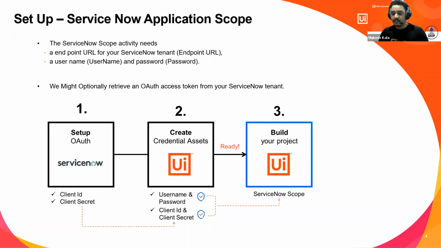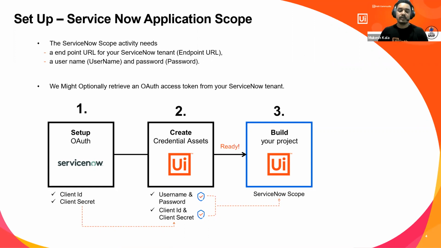The second thing is, once I have got the ServiceNow OAuth, I would require two things. The first is the client ID and the client secret ID, which is for the ServiceNow. The second is the username and the password. This username and password is for the user who is going to create the incident. So basically we simply create a user in ServiceNow.